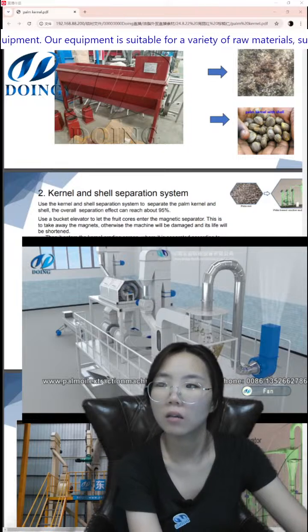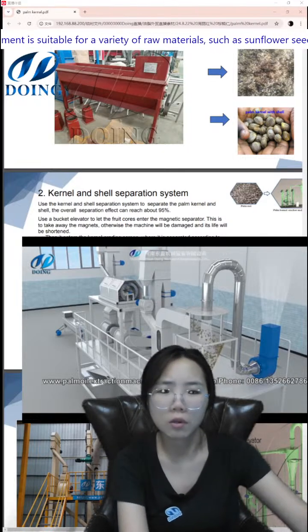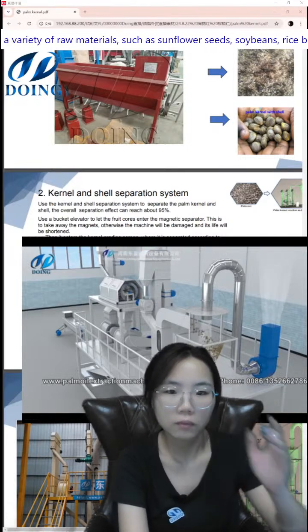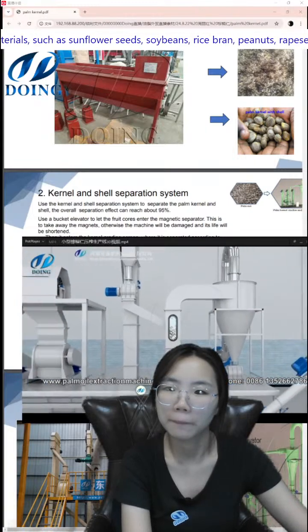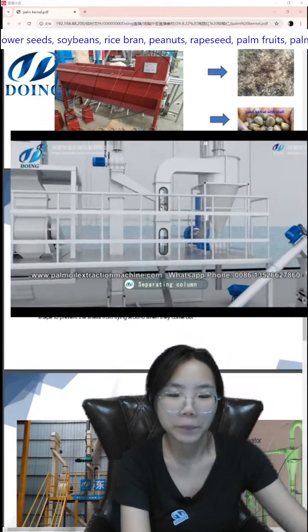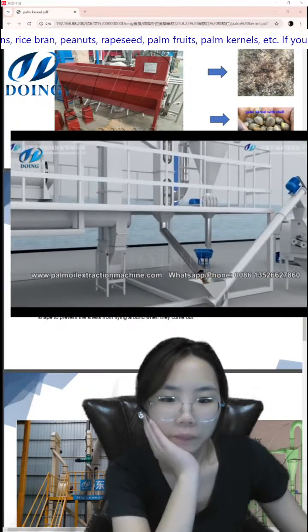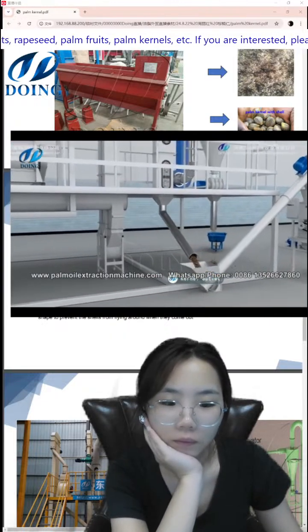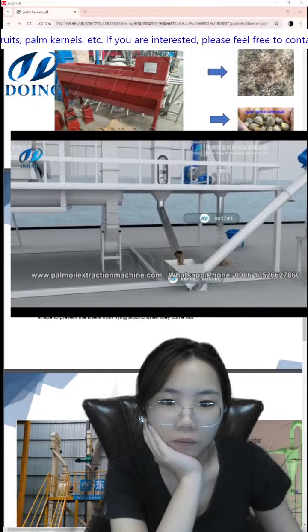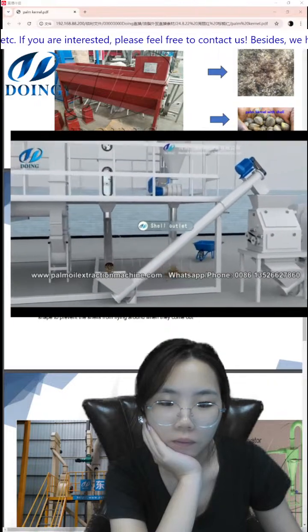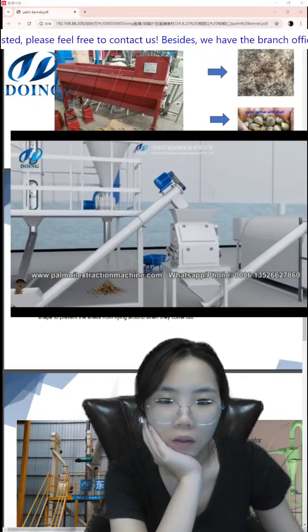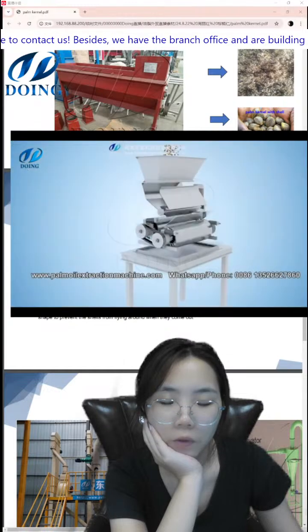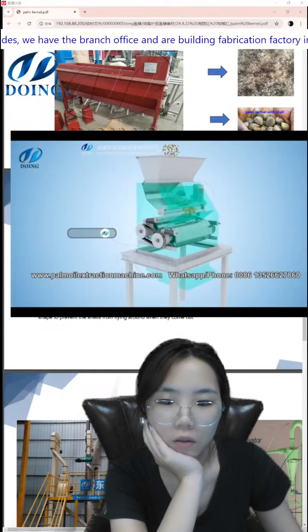And this is a kernel and shell separation system. And then this machine is a crusher.